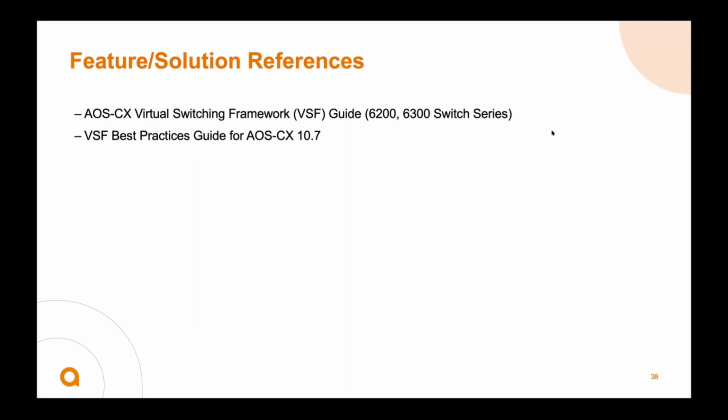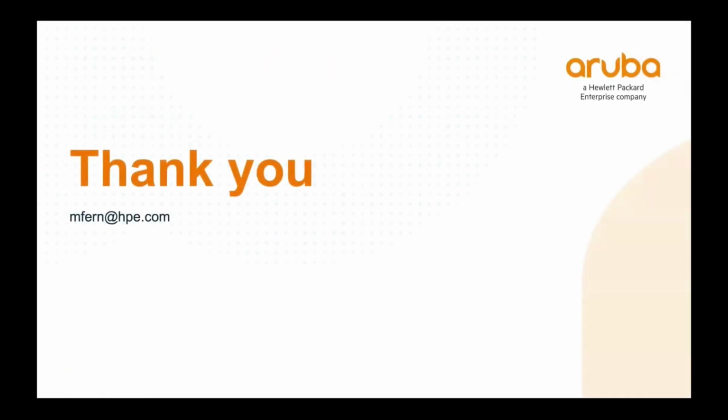And there is a forthcoming update to the VSF best practices guide that will be specific to CX 10.7, which will include all of the new auto stacking features and the recommendations for making that work best for our customers. That is VSF enhancements in AOS-CX 10.7.